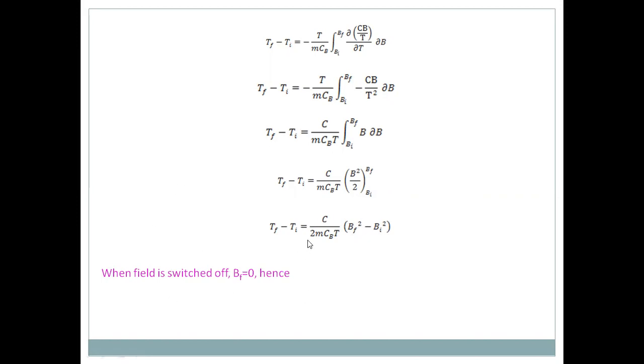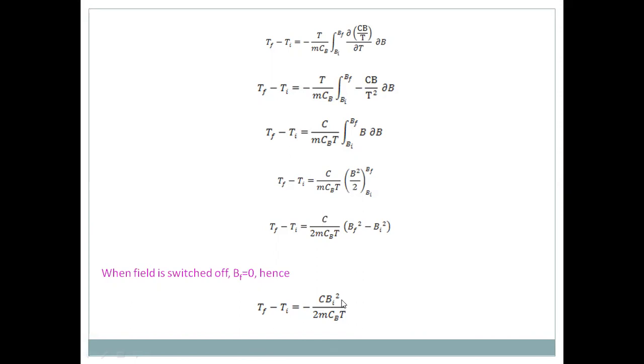Then the change in temperature, T_f minus T_i, is equal to minus C B_i squared by 2mC_B T squared, because the minus came outside. Of course, the minus shows the decrease in temperature. This change in temperature is directly proportional to the square of the intensity of magnetic field.